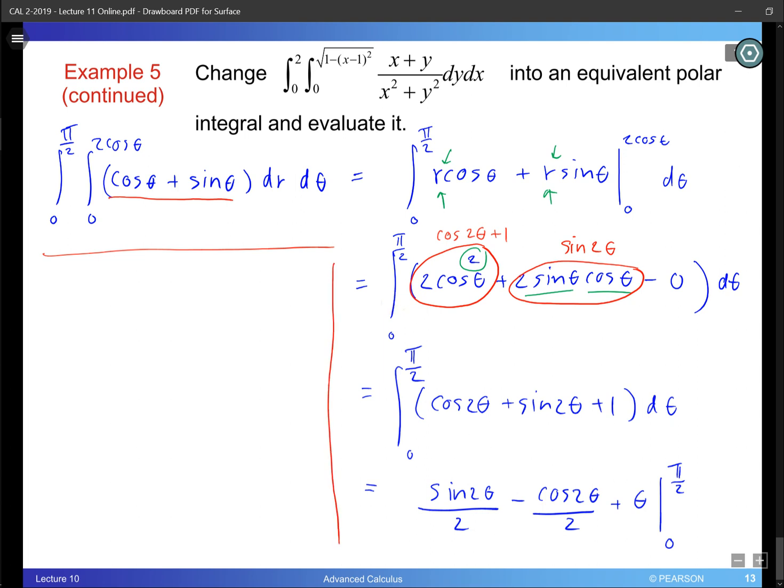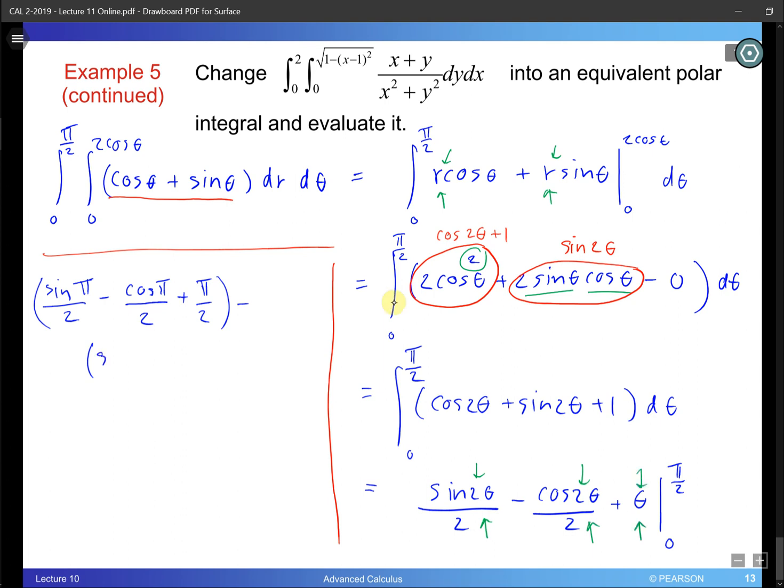Okay, pi over 2 goes in. This becomes sine of pi over 2, minus cosine of pi over 2, plus pi over 2. Now I have to subtract with 0 going in.